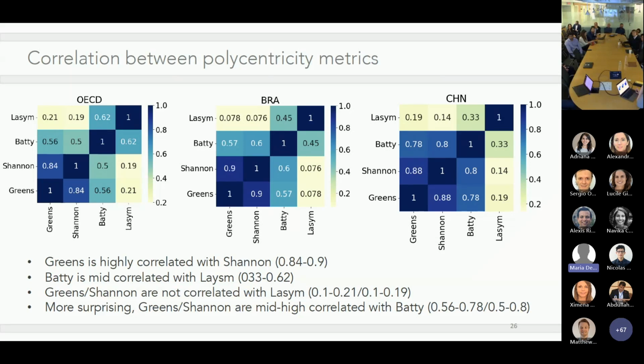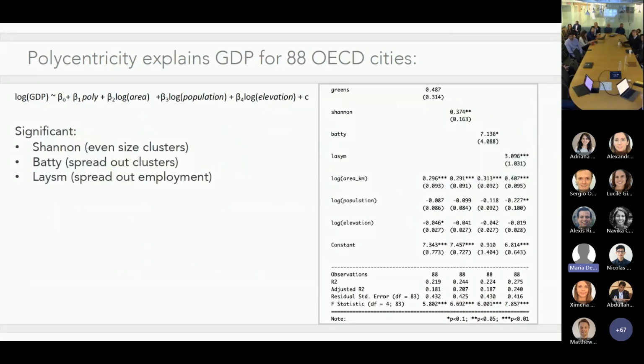Okay, so the first question is, we can look at the relationship between GDP per capita and polycentricity. We actually put our data to quite a hard test here. We are controlling in all of our regressions for area, population, and elevation, which some of the other comparable studies don't necessarily do.